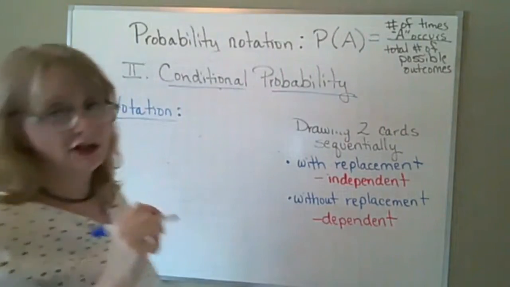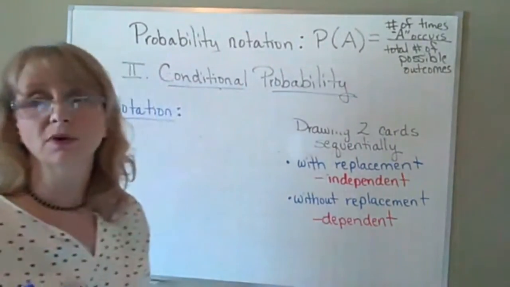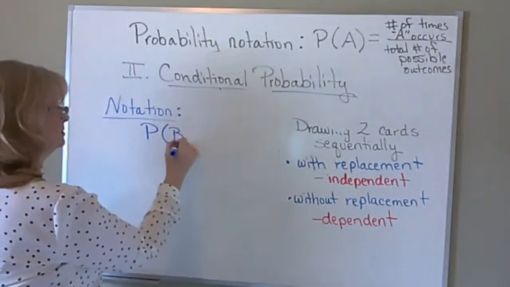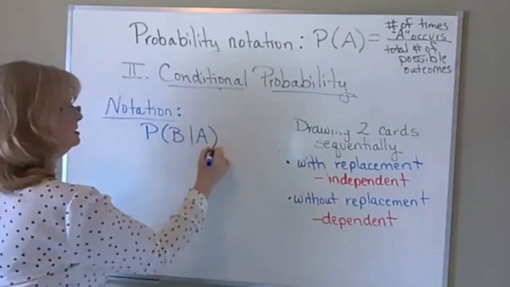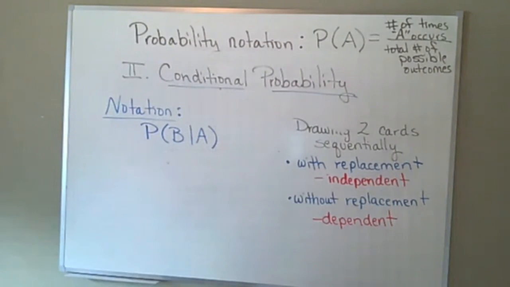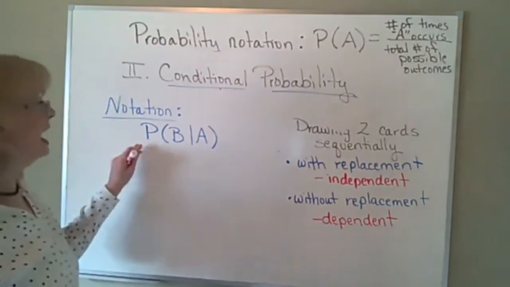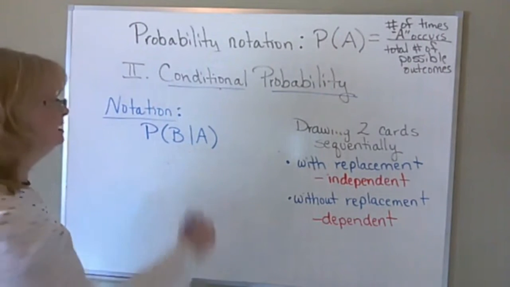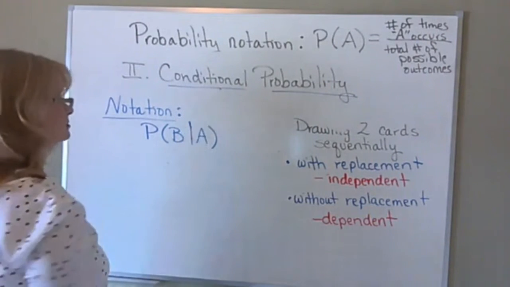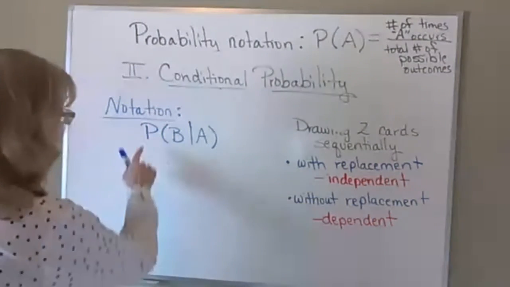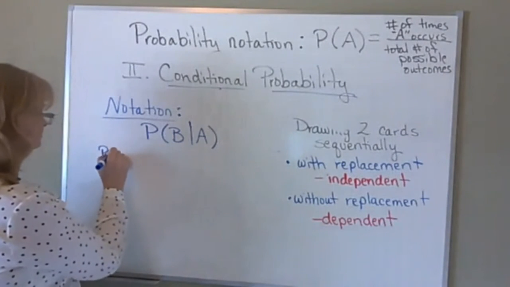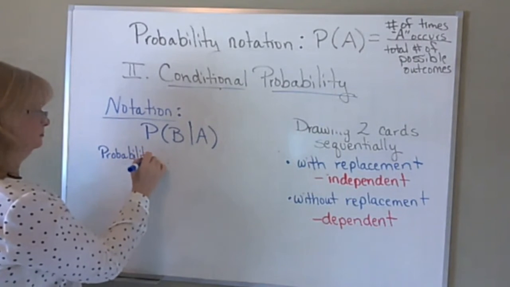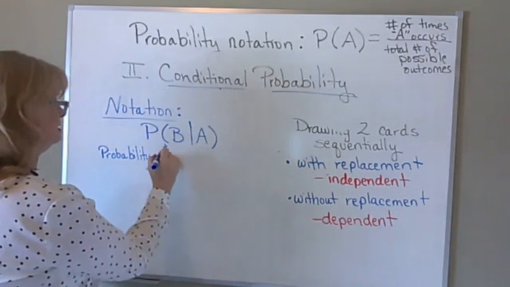For conditional probability, you have to have two events happening sequentially. And this is what the notation looks like. I'm going to write underneath this how you would read this, okay? So that straight bar there, that's not a 1, that's just a straight bar, okay? So, of course, this means the probability. When you get to the parentheses, that means of.